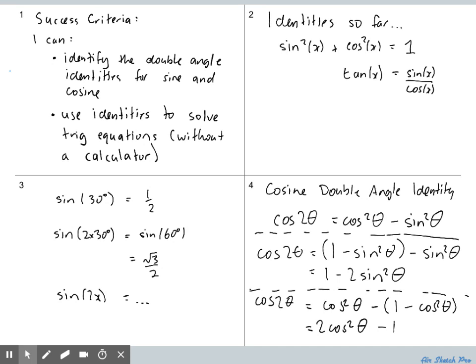The cool thing is that if we know the sine, or in this case the cosine, of an angle, then I can work out the cosine of double that angle by using that relationship. I'm just trying to pick a sensible example. I can't think of one off the top of my head because I don't know the fractions well enough. But let's just say the cosine of 10 degrees was 1 on 9.